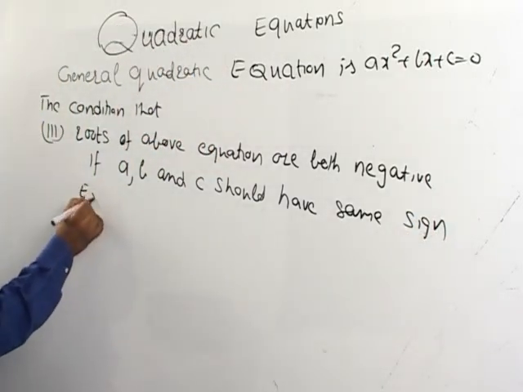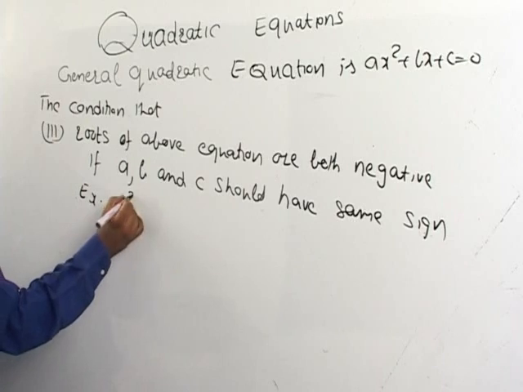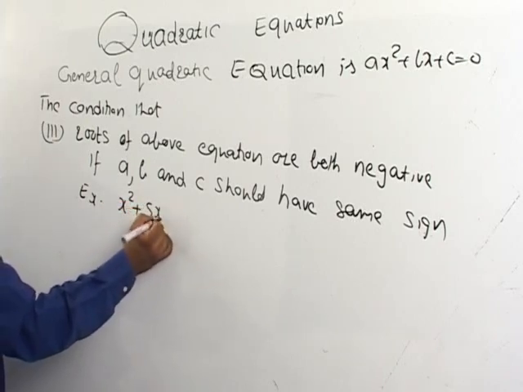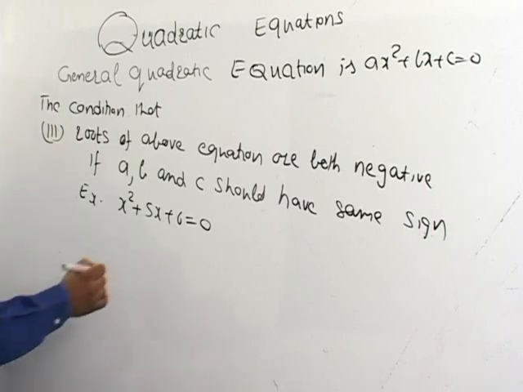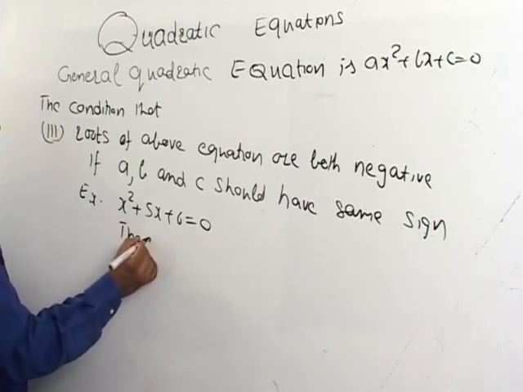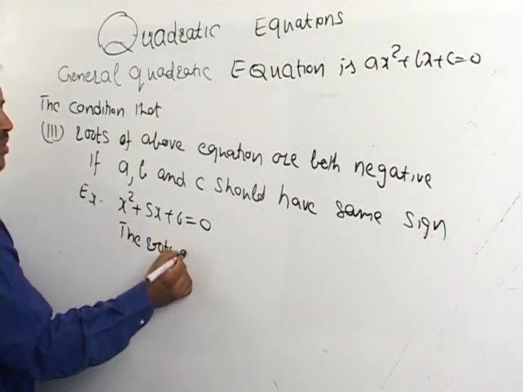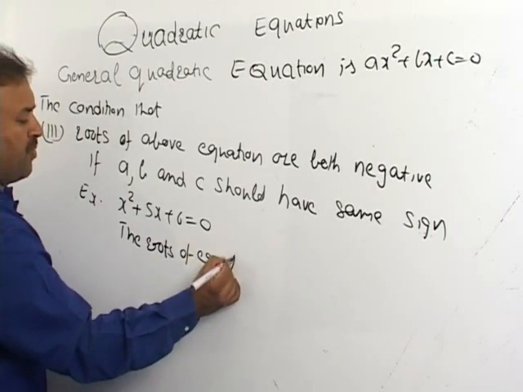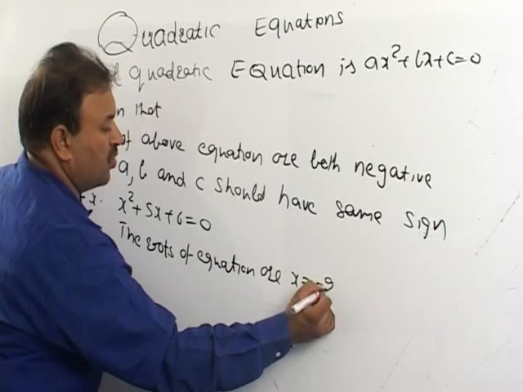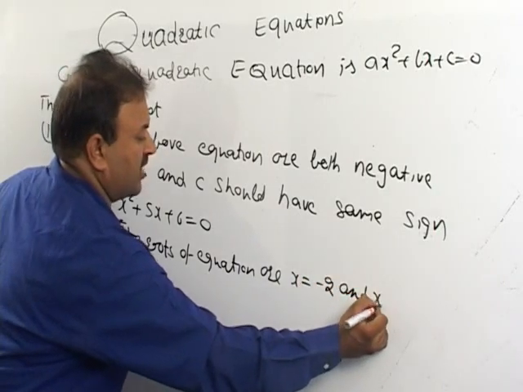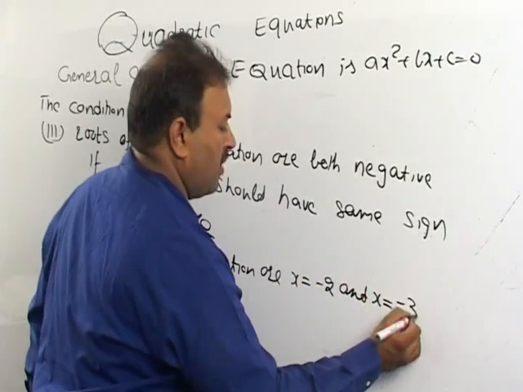Example, x square plus 5x plus 6 is equal to 0. The roots of the equation are x is equal to minus 2 and x is equal to minus 3.